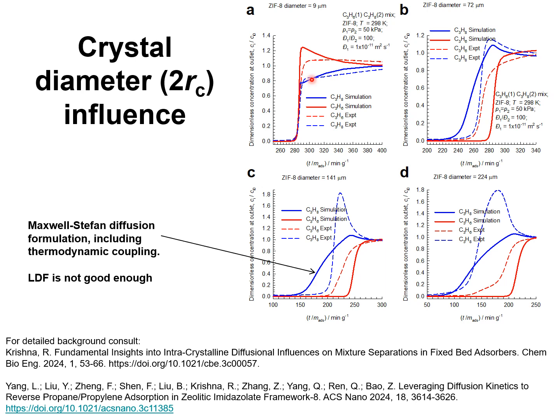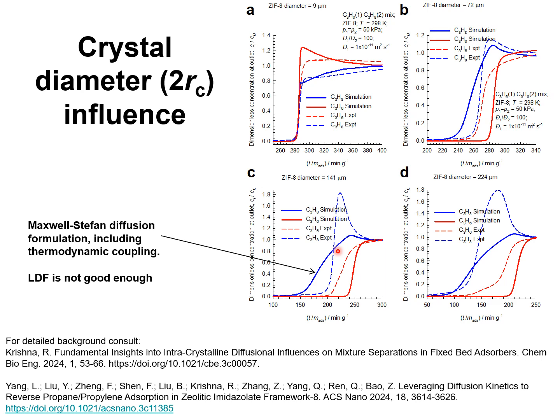Indeed, the adsorption selectivity of propene to propane is of the order of 1.1 for propene-propane mixtures. The continuous red and blue lines are simulations of transient breakthroughs using the model I have described in my 2024 paper and cited here.